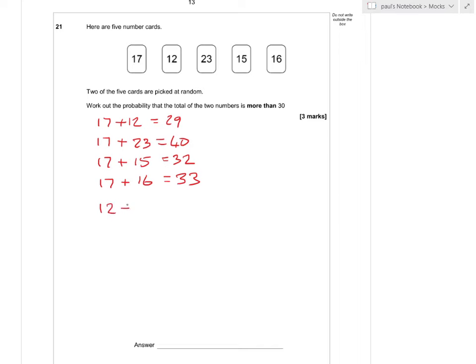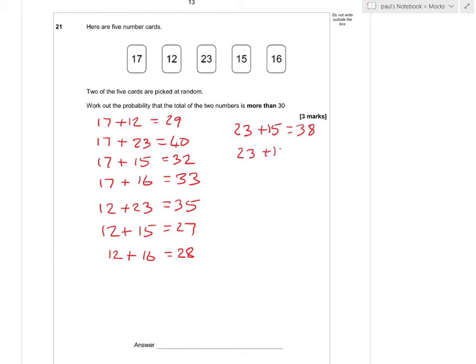So 12 and 23 is 35. And 12 and 15 is 27. And 12 and 16 is 28. Right, 23 and 15, this is a long-winded one, is 38. And 23 and 16 is 39.